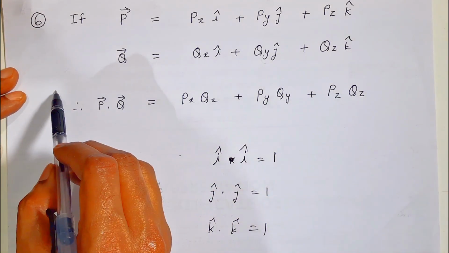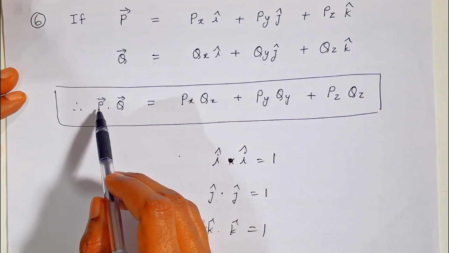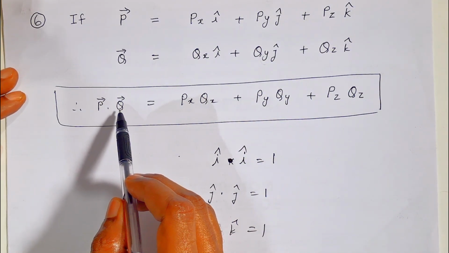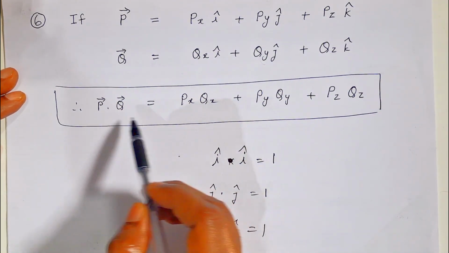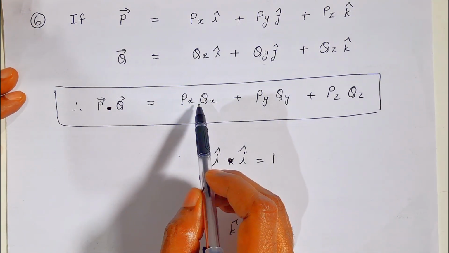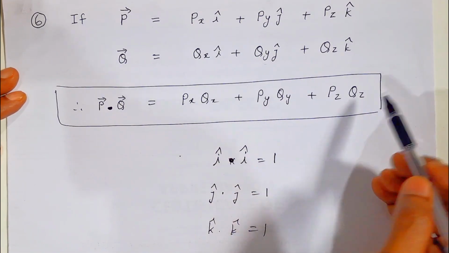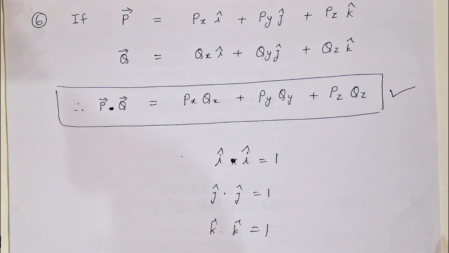So p bar dot q bar, the scalar product of these two vectors, is equal to px into qx plus py qy plus pz qz. This is a very important property, students. So we have seen 6 scalar product properties of vectors, which are very important.